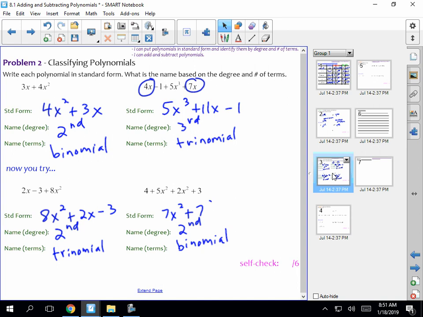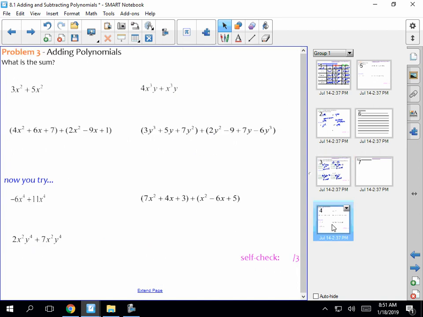So if you understand what like terms are, let me remind you with this example. 3x squared and 5x squared are like terms because they both have an x squared attached. So we take the 3 and the 5 and add them together to get 8, and then attach the x squared.